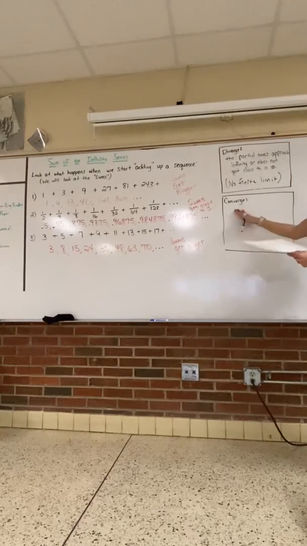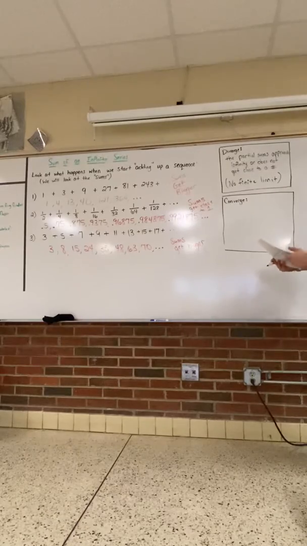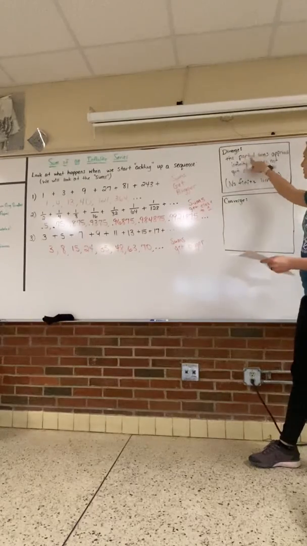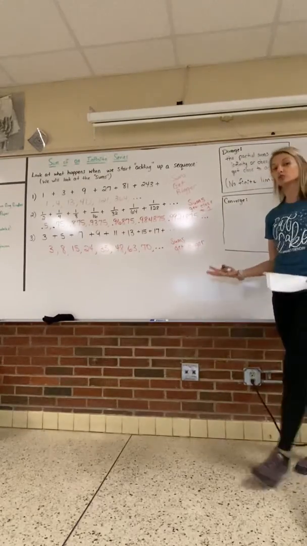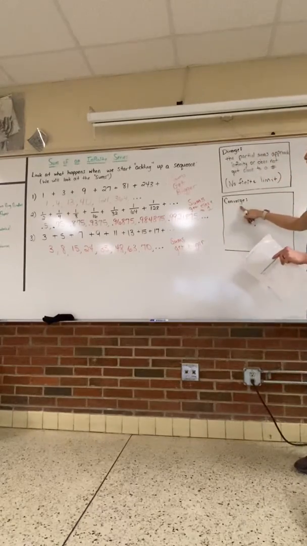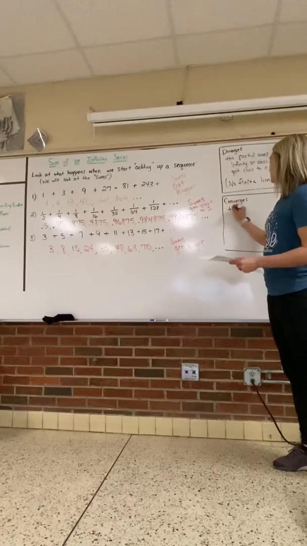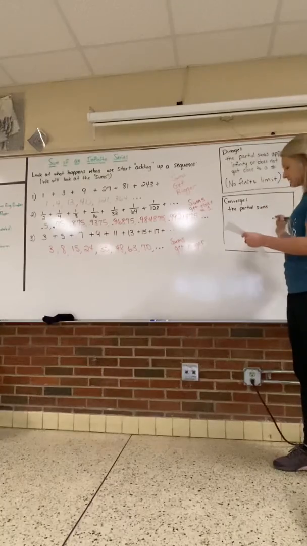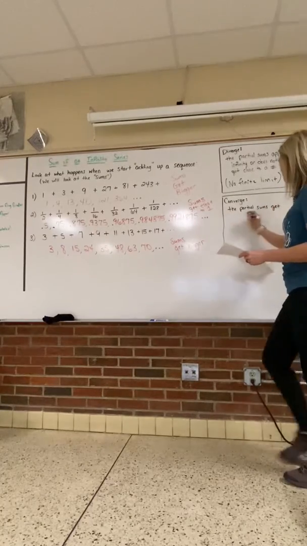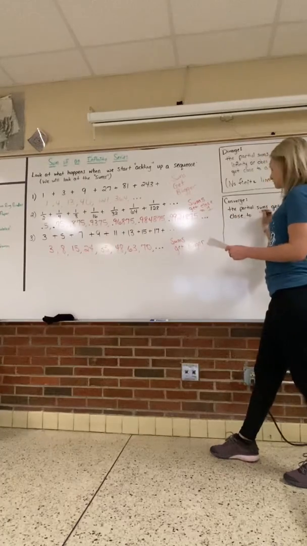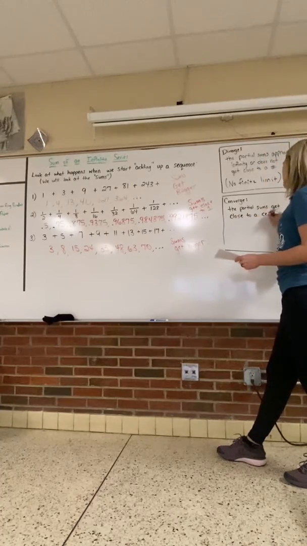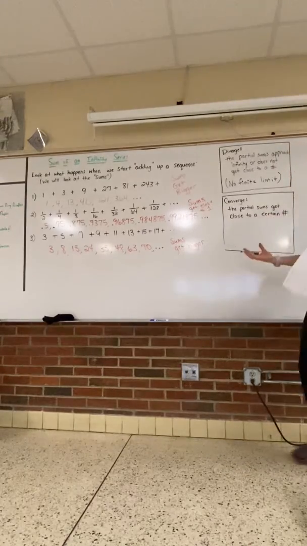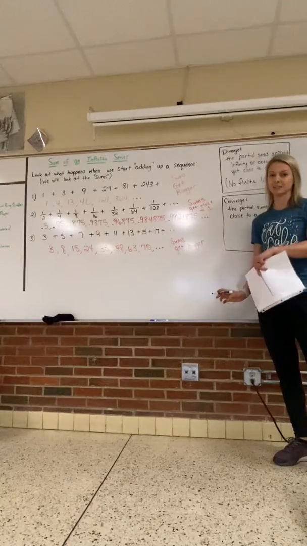So now converge is a different type of sum. If you start adding them up, and the partial sums, when you start adding up part of the sequence, actually get close to a certain number, then you are saying that it converges, okay? Now the thing you need to realize about that is when something converges, it's going to get really close to it, but it actually never really gets there, okay?